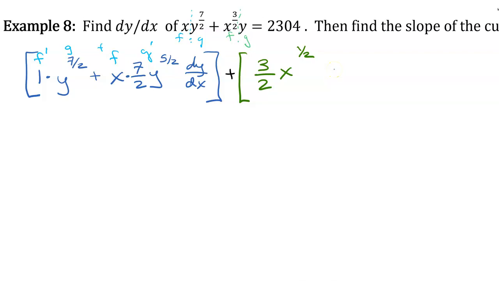Technically I would do dx dx, but that's 1, and 1 times anything goes away, so I'm not worried about that. So f prime times g, which is y, plus f times g prime, well, y all by itself would go to 1, and then we would have dy dx.